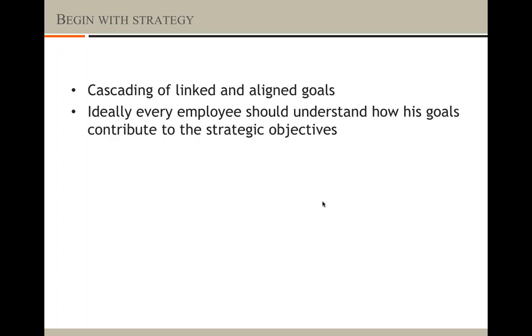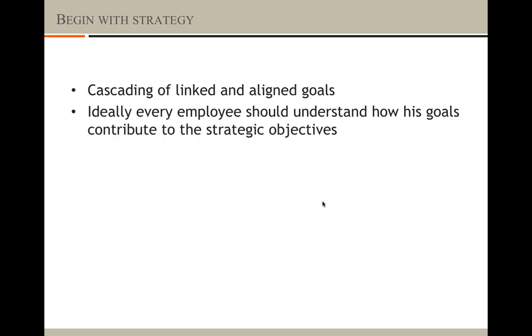So basically what happens is goals always emerge from the strategy of the enterprise. If the strategy is to become the market leader, let's say through rapid product introductions, then there should be a cascading of linked and aligned goals from top to bottom. Each operating unit should have goals that support that strategic objective, and the operating units, teams and individuals are assigned goals that directly support those of their units.